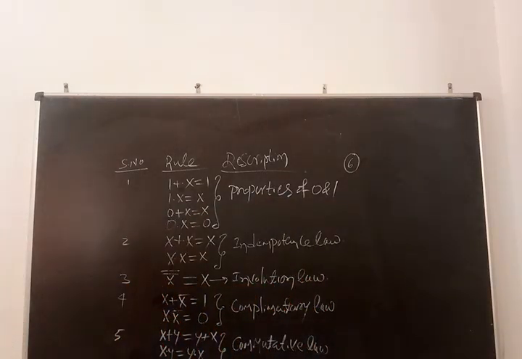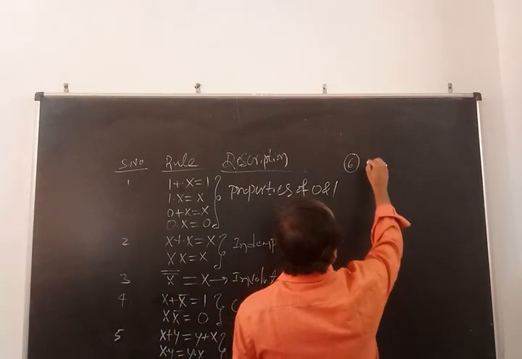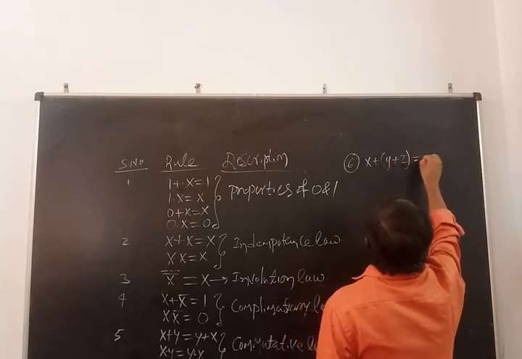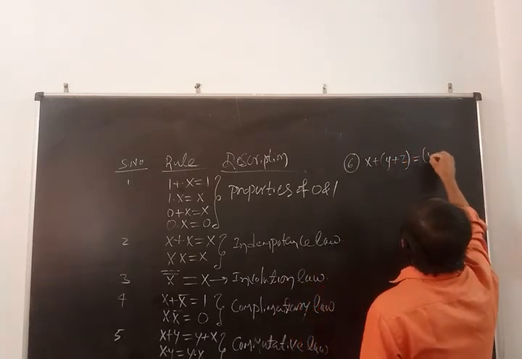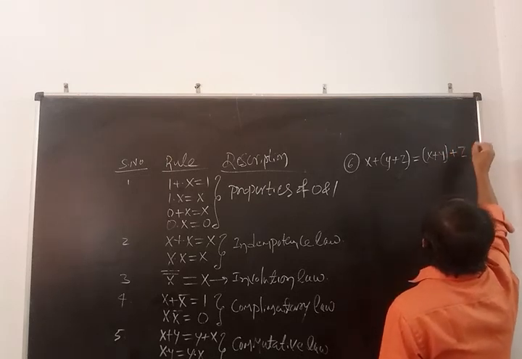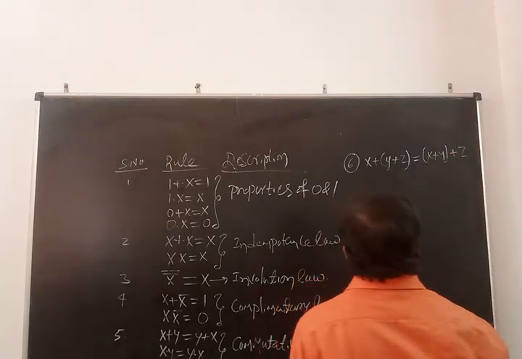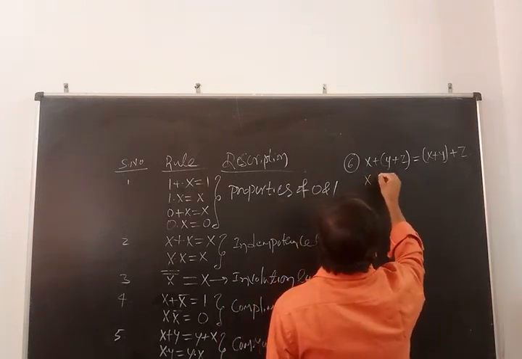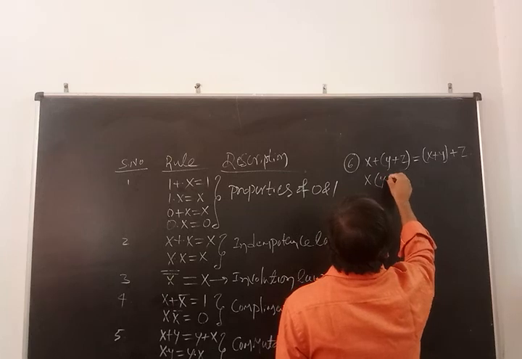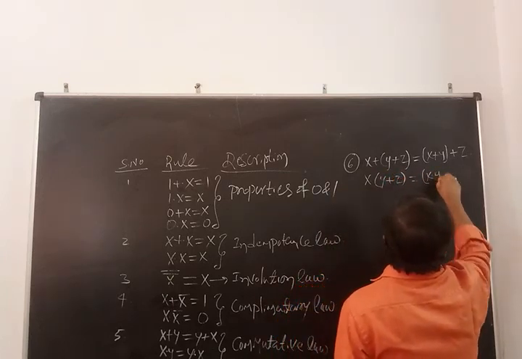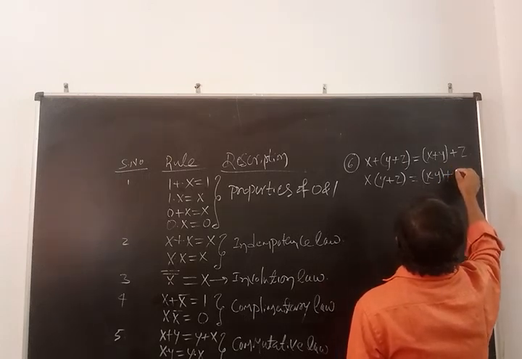This associative law can be written as x plus bracket of y plus z can be written as bracket of x plus y plus z. And second one, x into bracket of y plus z can be written as bracket of x into y plus z.